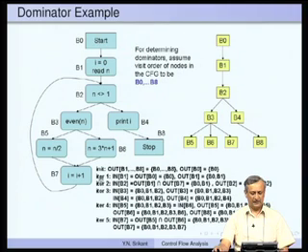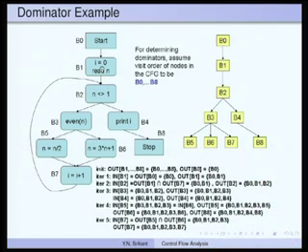Then iteration 1: In of B1 has only one predecessor, so it becomes Out of B0, that is B0 itself. Then Out of B1 is B0, B1. There is no other possibility.